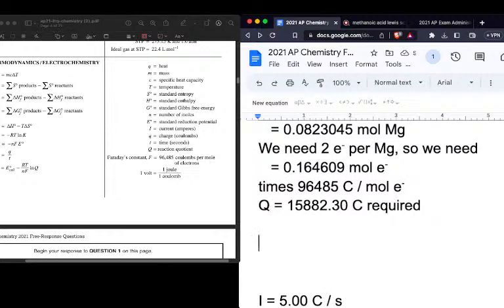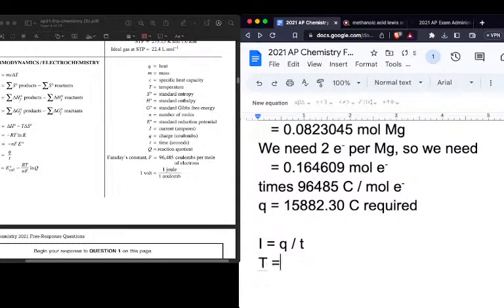The way that charge, current, and time work together is Q equals I times T. Oh, they gave you actually I equals Q over T. They also use little q for charge. That's fine. Which means T equals Q over I. We're asked for time. That's why I rearranged it.